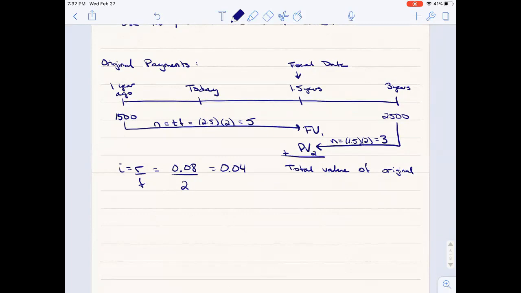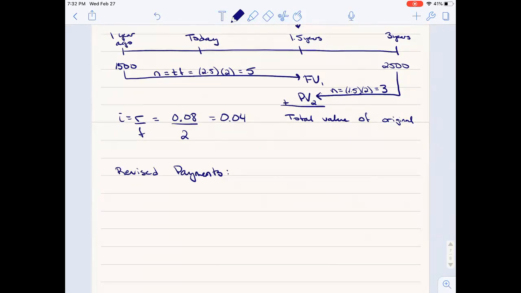So now, here's our revised payment plan, or maybe new payment plan. Revised payments. So like I said, I'm going to keep the top all the same. 1 year ago, today, 1.5 years, and 3 years.